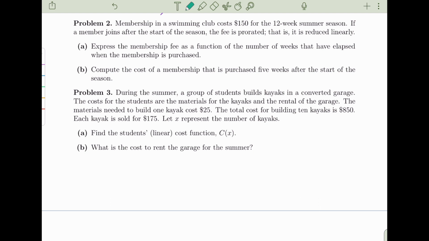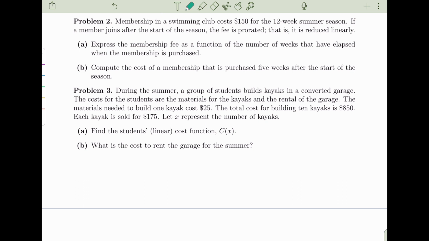So basically, what it says here is the price is gonna change according to the timeline that you join the club. So the later you join the club, the cheaper the price is. Okay. So we're gonna find out 2 points, which will determine the equation of the line of this function here, like the question before.